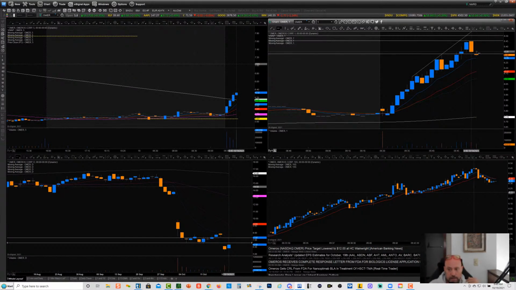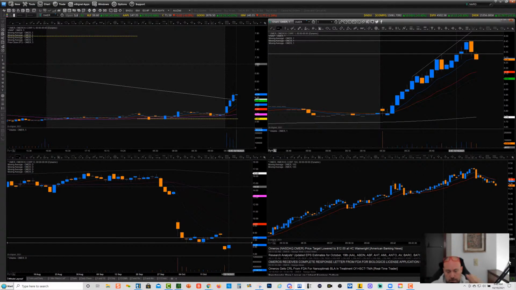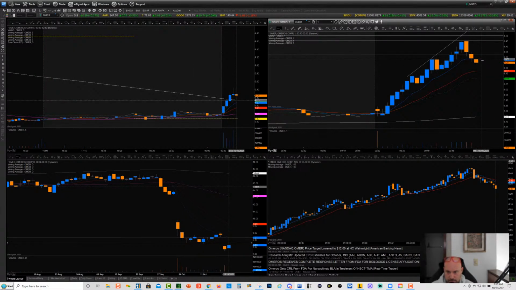So I'll put these lines above and just use these below as my support levels, right? Short-term momentum. The next 5-minute candle is about to form, showing some weakness. So it went up, it's pulling back. Now I watch and see, is it going to hold that 9 EMA or fall back down?